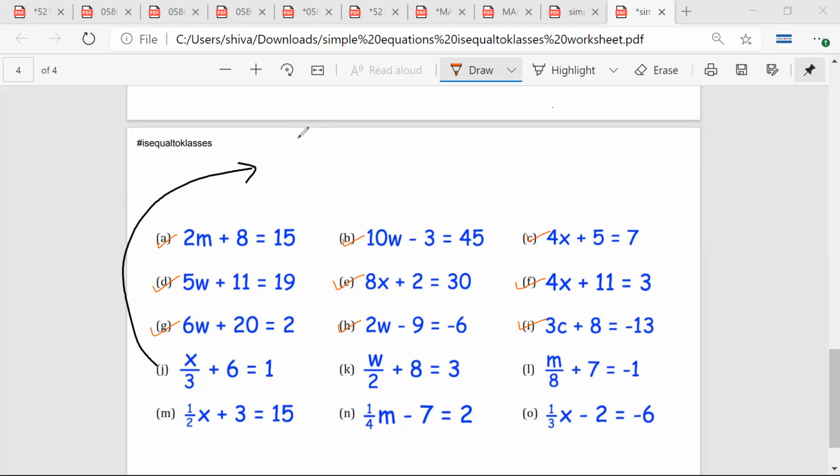I did x upon 3 plus 6 equals 5. So then I did 3 into minus 5. So I got the answer as minus 15. Mr. Sarthak, what did you do?